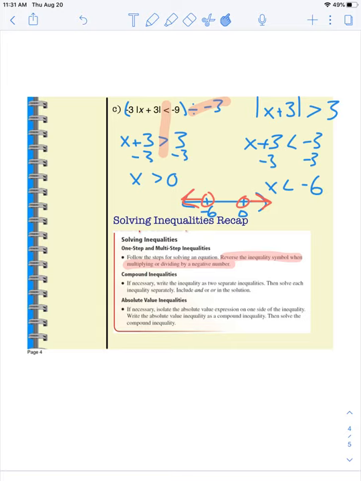If necessary, write it as two separate inequalities. Well, we have inequality 1, we have inequality 2. And absolute value inequalities, you undo every other operation first. Absolute value is a grouping symbol, so isolate the absolute value expression, undo everything else first.